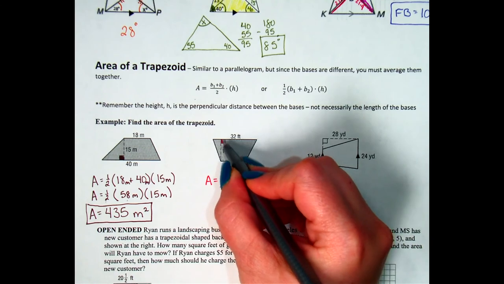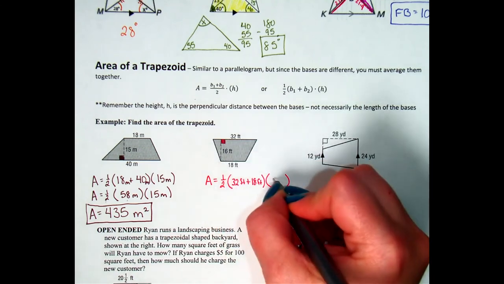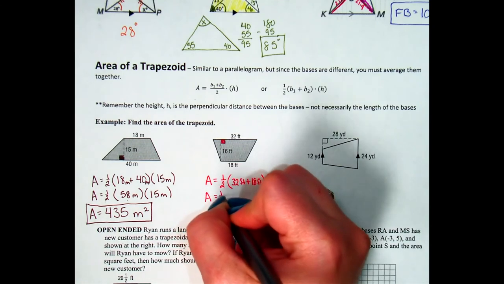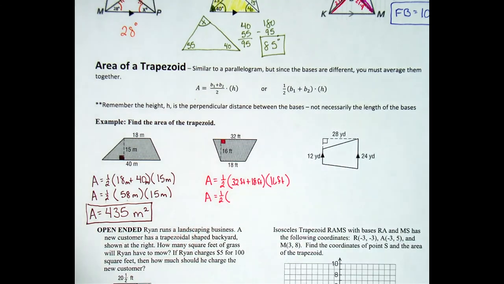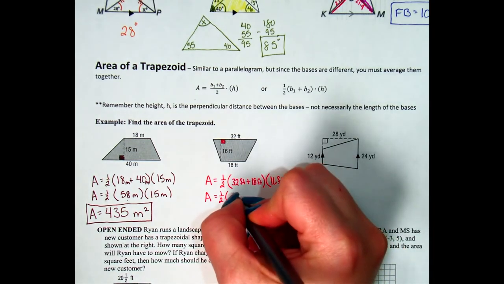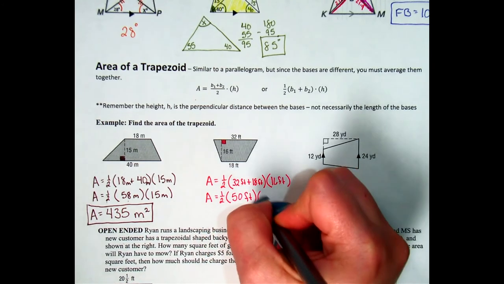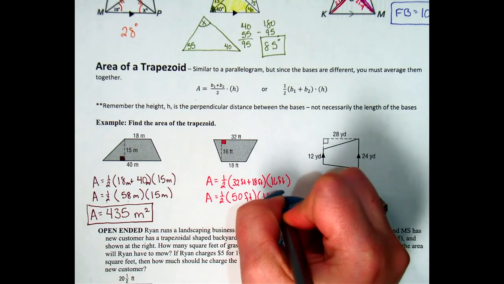And my height comes together at a 90-degree angle is 16 feet. So my area equals 1/2 of 32 feet plus 18 feet is 50 feet times 16 feet.